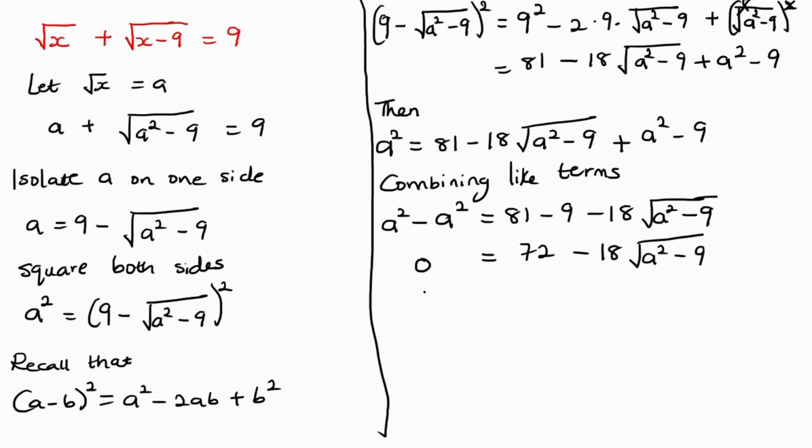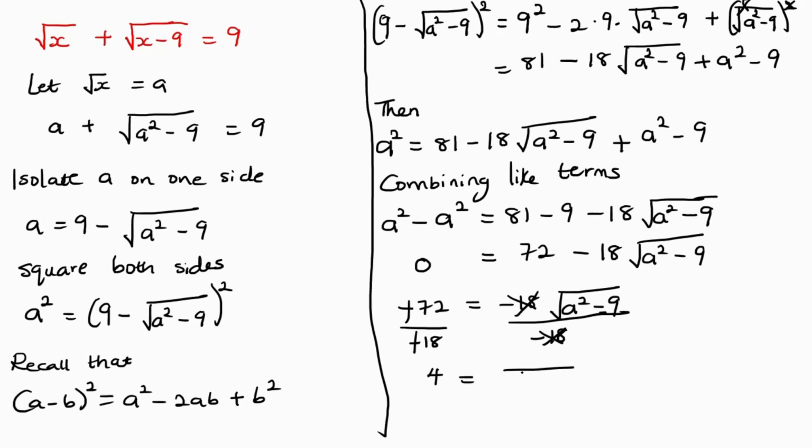So we have minus 72 is equal to minus 18 square root of a squared minus 9. Dividing both sides by minus 18, 72 divided by 18 gives us 4 equals the square root of a squared minus 9.